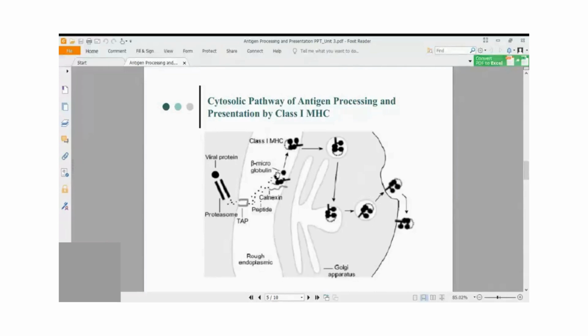But then, if the antigen presenting cell or the cell of a particular tissue is infected with a virus or bacteria, the viral or bacterial protein will also go through the same process of processing, entering through the TAP after proteasome breakdown, entering through the TAP into the lumen of the rough endoplasmic reticulum, assembly of class 1 MHC molecule taking place there, and by accident that viral or bacterial protein of 10 amino acid residues will come and lodge itself on the class 1 MHC antigen groove, and it will be transported across the cytoplasm in this manner, first from the rough endoplasmic reticulum as a vesicle, and that vesicle comes and fuses with the Golgi complex.